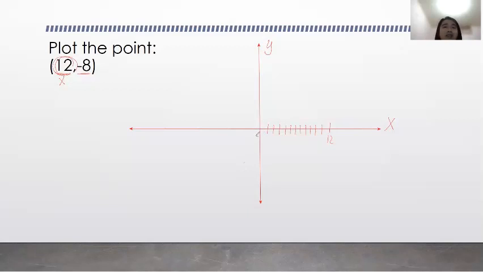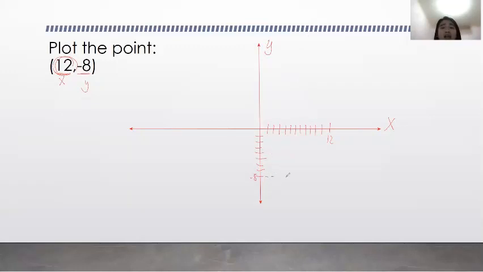So we have -1, -2, -3, -4, -5, -6, -7, and -8. So we now have our intervals: +12 for x and -8 for y. Now let us plot it.